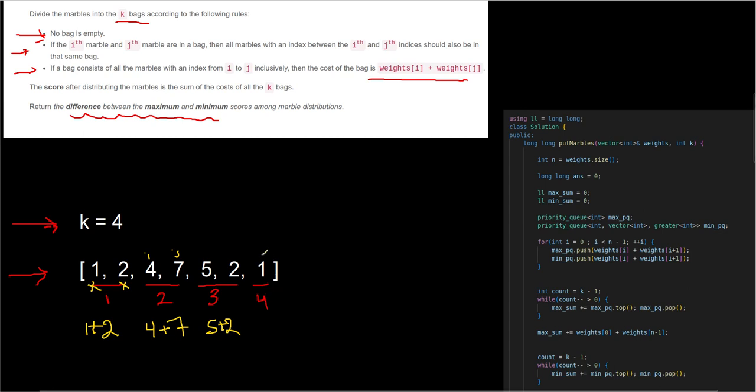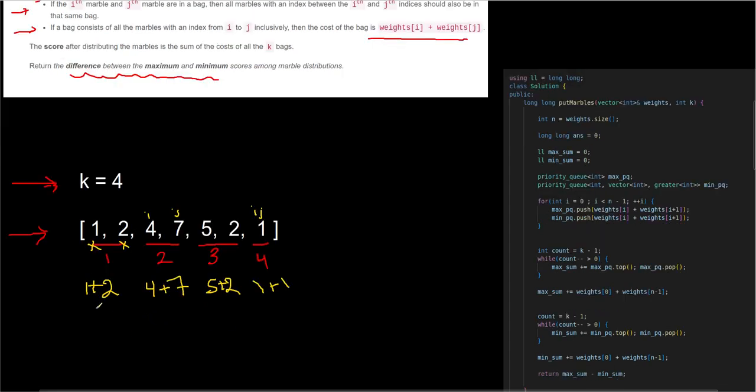And for the last bag, i and j are the same index, so the cost for this bag is 1 plus 1. The score for this distribution is the summation of all the costs: 3 plus 11 plus 7 plus 2, which is 23. This is the score of this distribution.